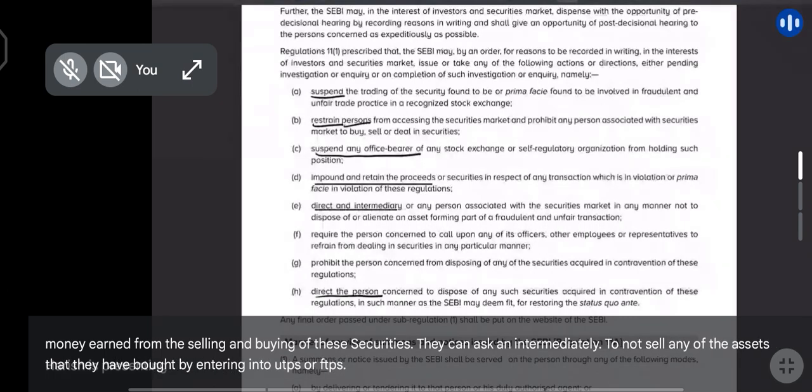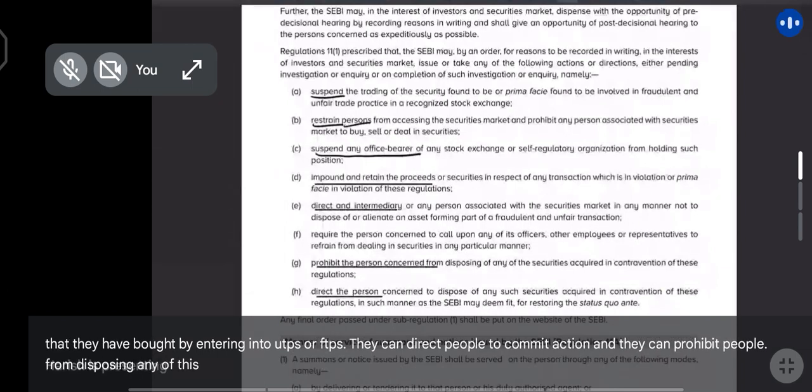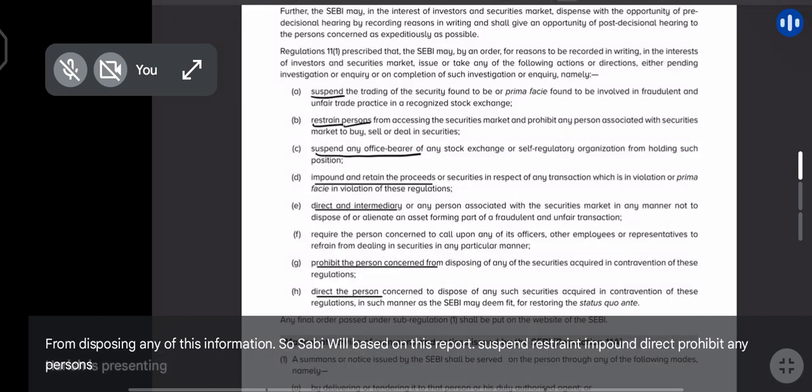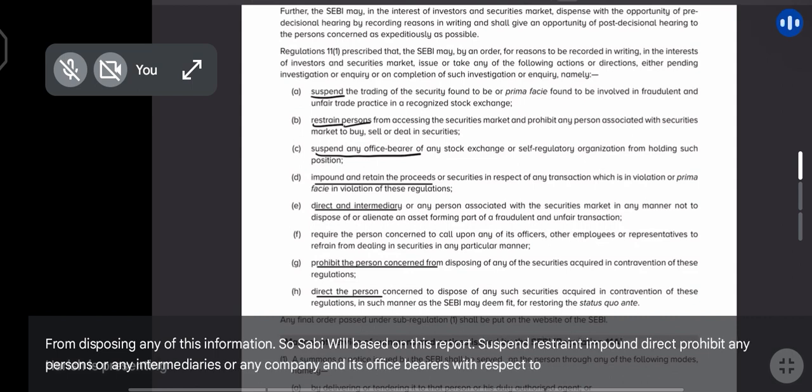They can direct people to commit action, and they can prohibit people from disposing any of this information. So SEBI will, based on this report, suspend, restrain, impound, direct, prohibit any persons or any intermediaries or any company and its office bearers with respect to information.